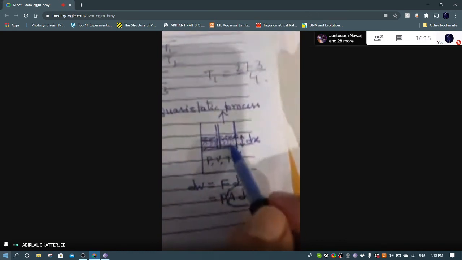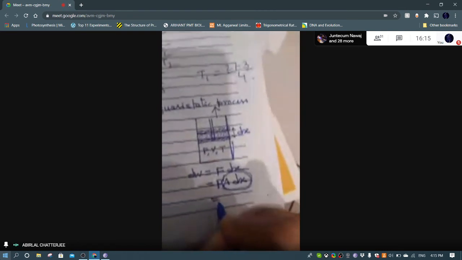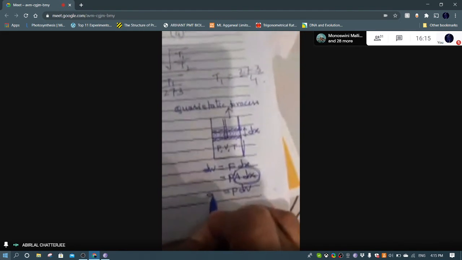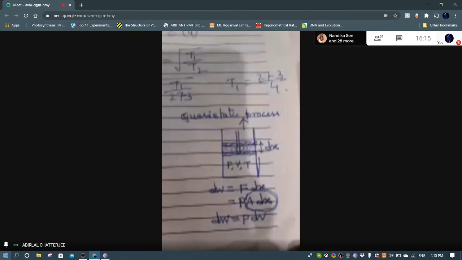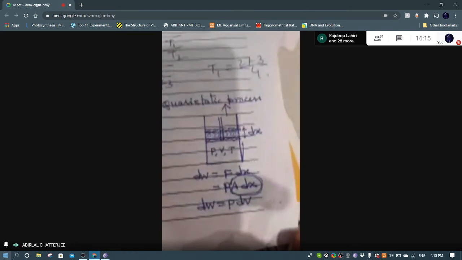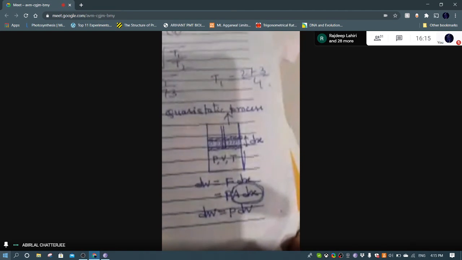This portion is the change in volume. This is dx, sir, not volume. So that means you get P dV, sir. Is it okay? This is the very important expression. This is dW. Is it okay?